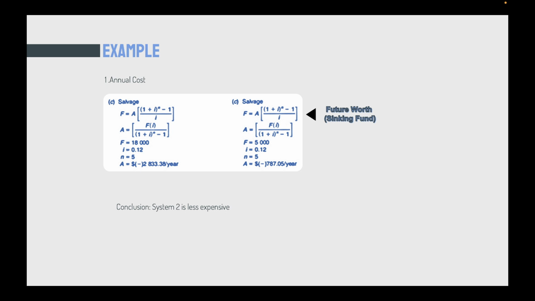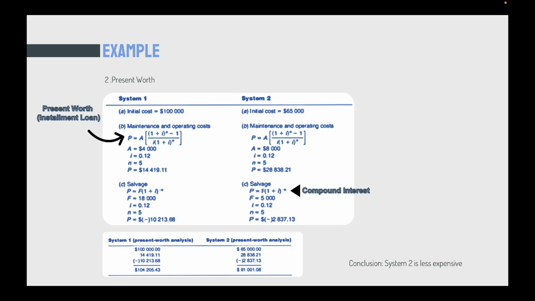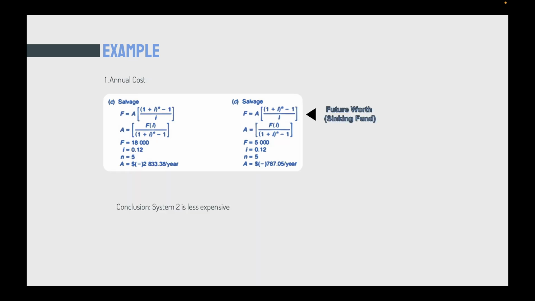The interest rate is 12%, 5 years. So you're going to get back to your pocket $2,833 per year for System 1 and $787 for System 2.